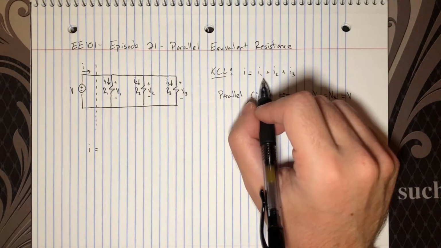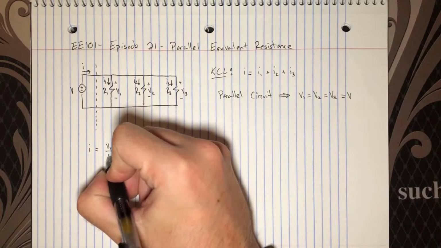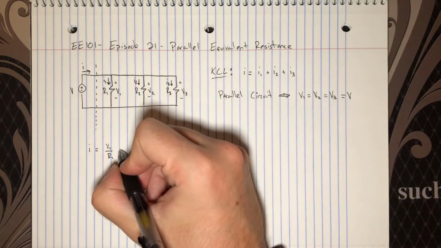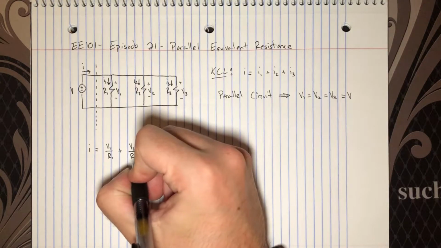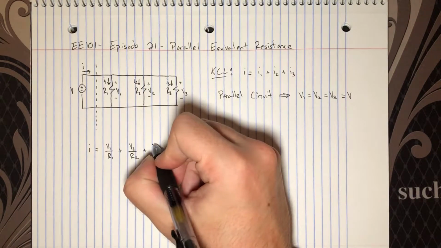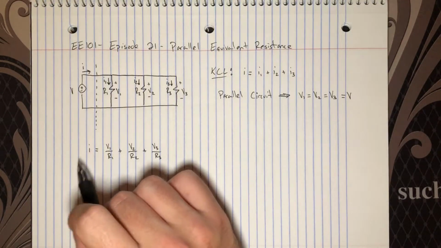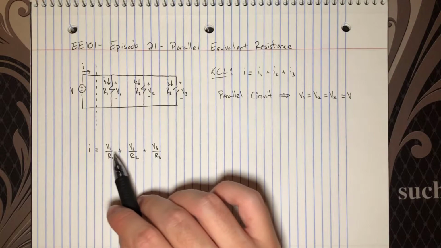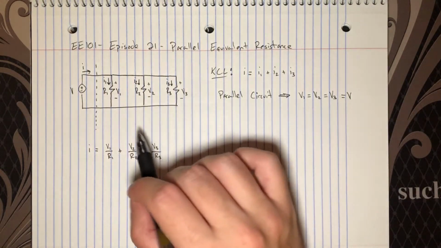So we know that I1 via Ohm's law is just the ratio of V1 to R1, and if we apply that for each element in the circuit, we're going to be left with this equation where the total current leaving the source is equal to the sum of the volt-ohm ratios at each component.